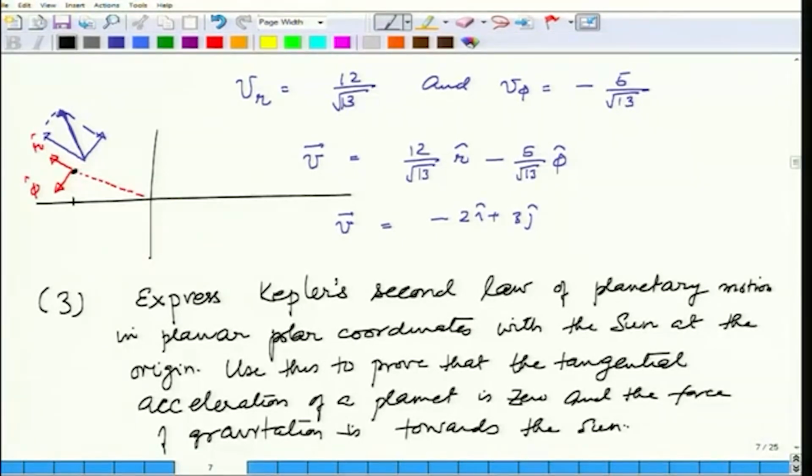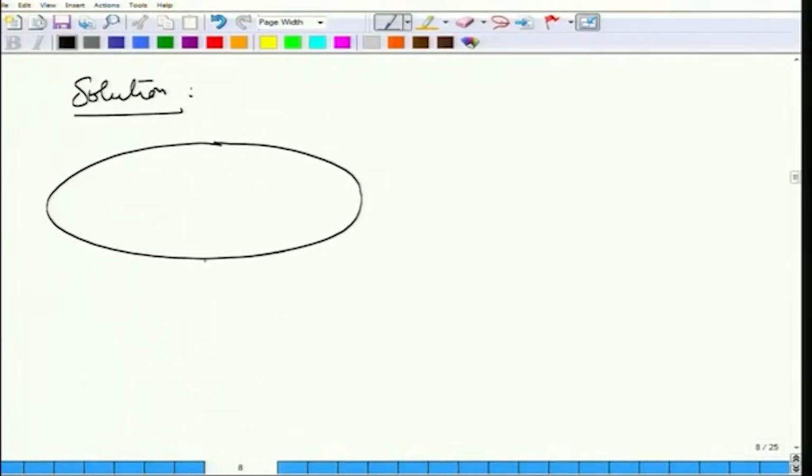Okay, so solution. What is Kepler's second law? Kepler's second law says that when planets move around in an orbit with the sun at the origin, the rate of sweeping area is constant.